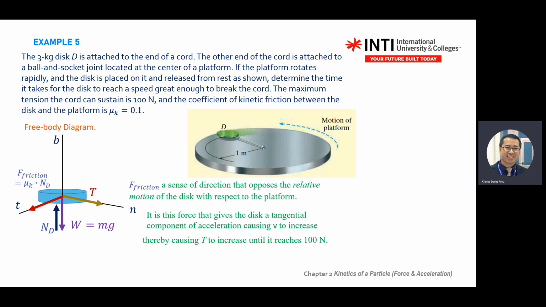Now, in your mind map, you are now in chapter 2. You are dealing with only one equation, F equal to ma. You want to link this force with the motion of this green color object.